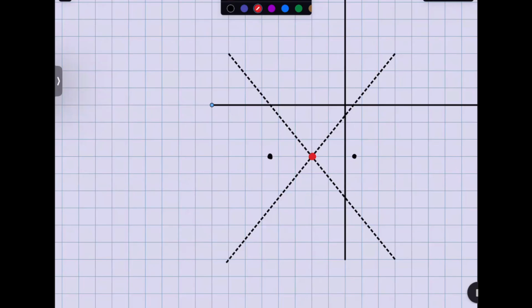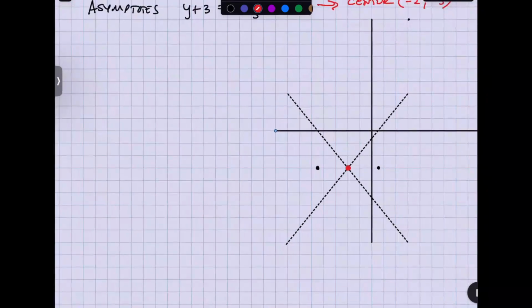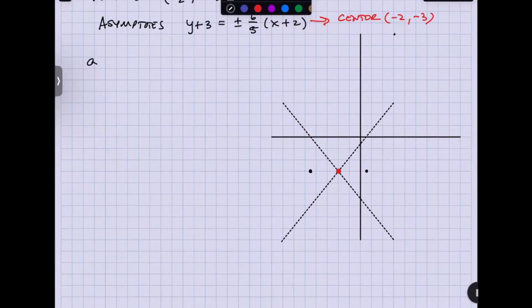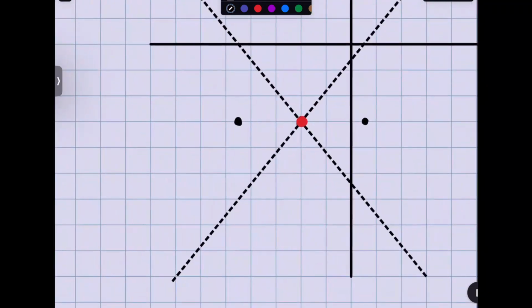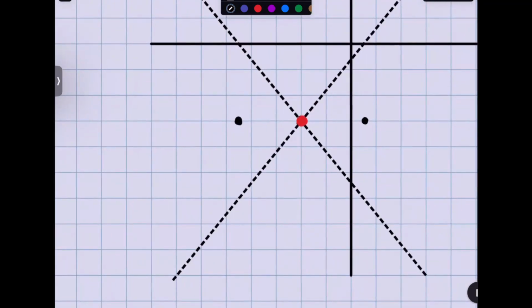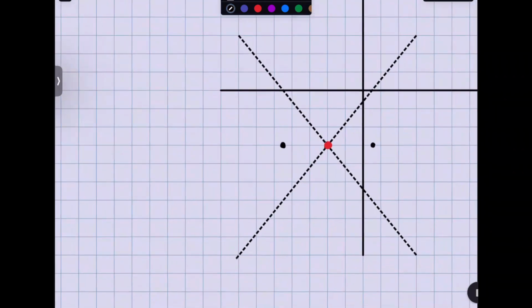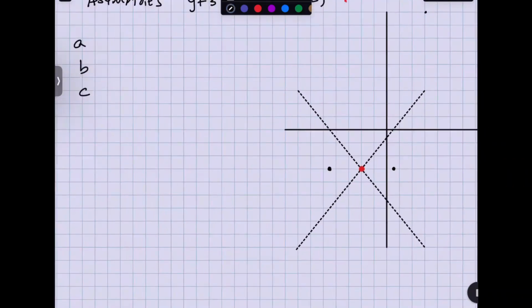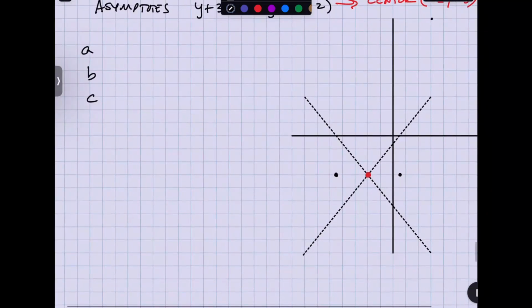What's my A, B, and C? I said A was 5 over 2. So I have the distance here. Ah, gotcha. Because you're saying the distance from the center to the vertices, because that's 2.5. Okay.